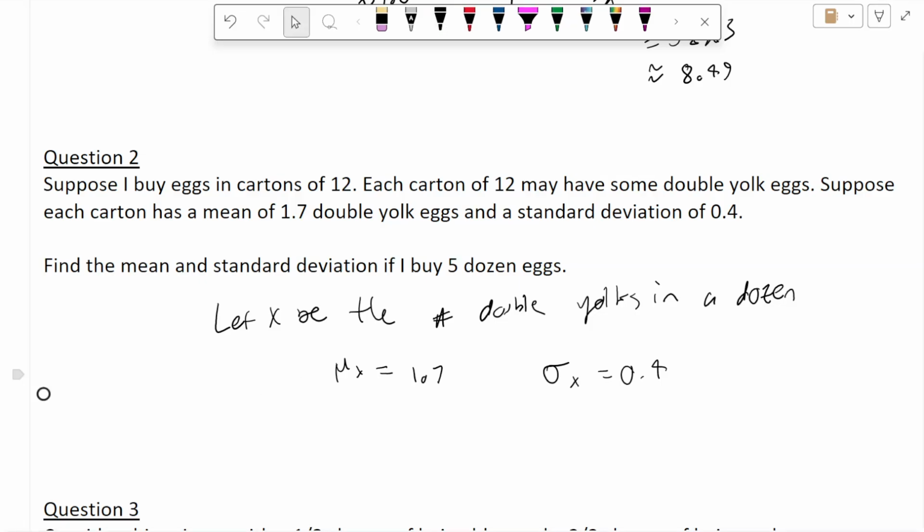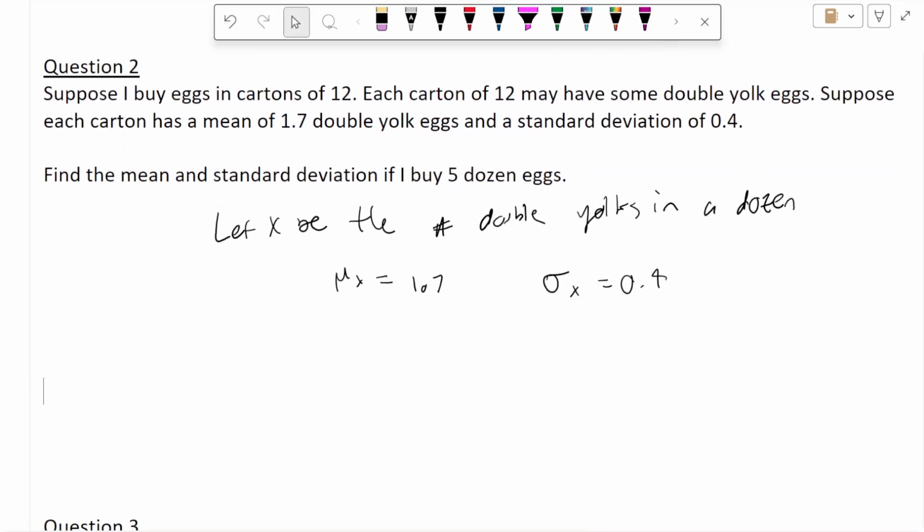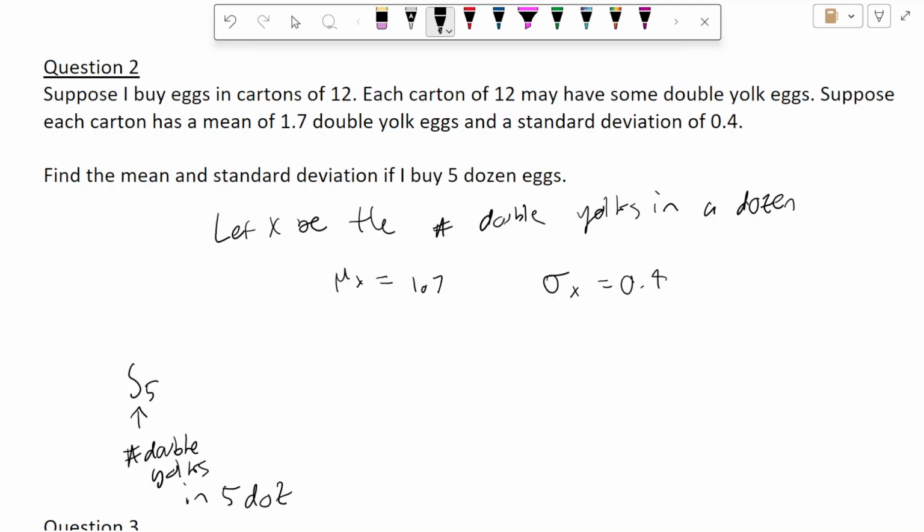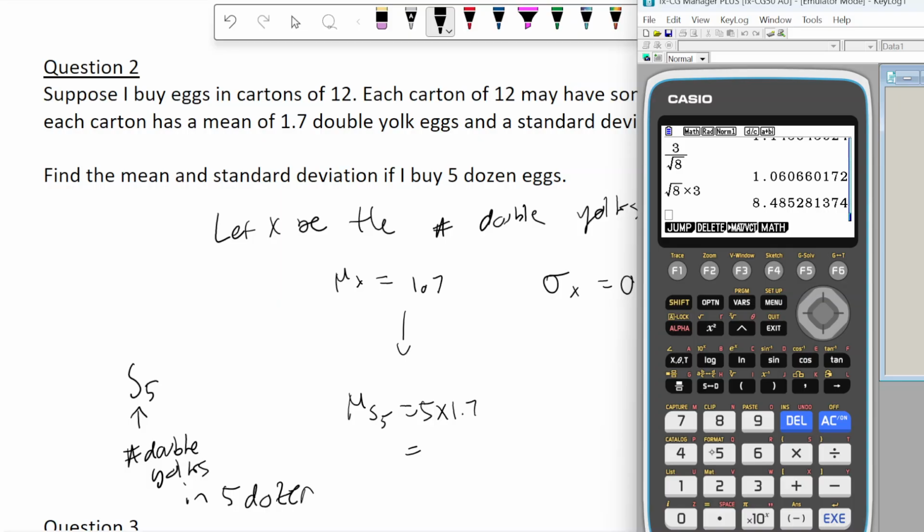And we're looking at 5 dozen eggs, so we're looking at S5. This is the number of double yolks in 5 dozen eggs. So you might expect that the mean would be 5 times 1.7, and you would be right. 5 lots of 1.7, we can work out what that is.